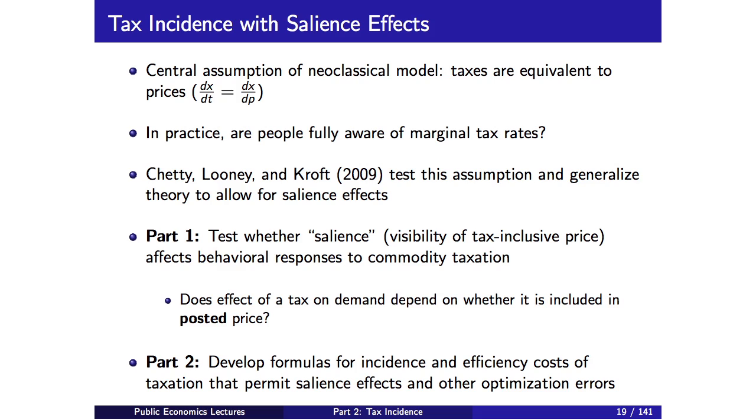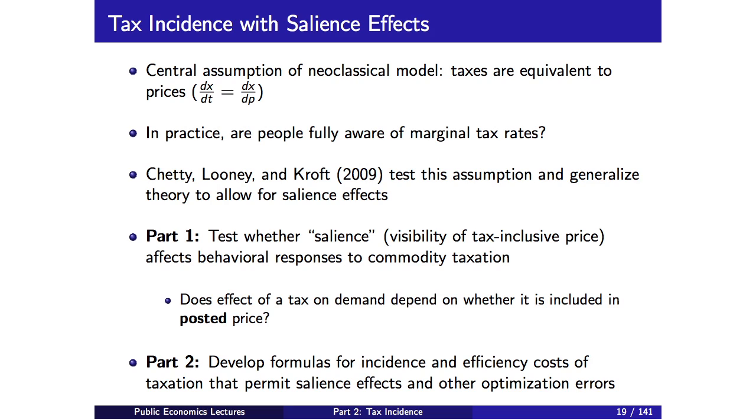I'll present some evidence that people are not fully aware of marginal tax rates, and then generalize the theory that we've been talking about to allow for salience effects, okay? So 2 parts. The first part is testing whether what I'm going to call the salience of a tax, think of that as the visibility of the tax inclusive price of a good, affects behavioral responses to commodity taxation. And so the way we're going to formalize that is very simple.